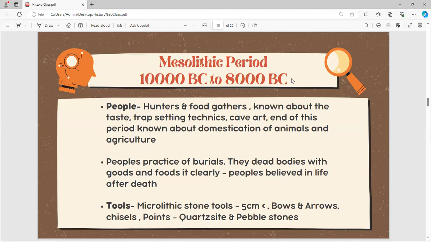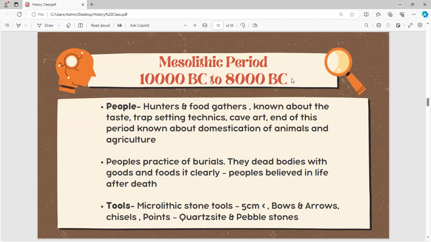So they put the dead person's favorite foods and favorite goods inside the burial area and then buried it there. This is one important point in this period.